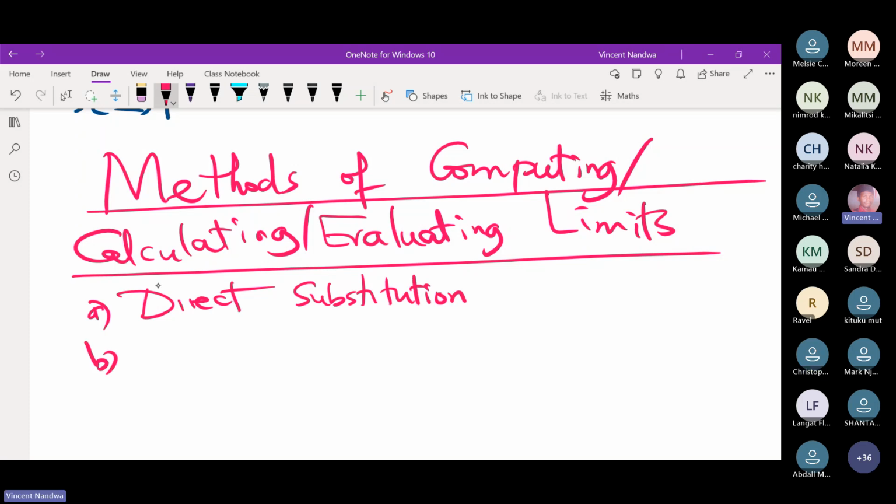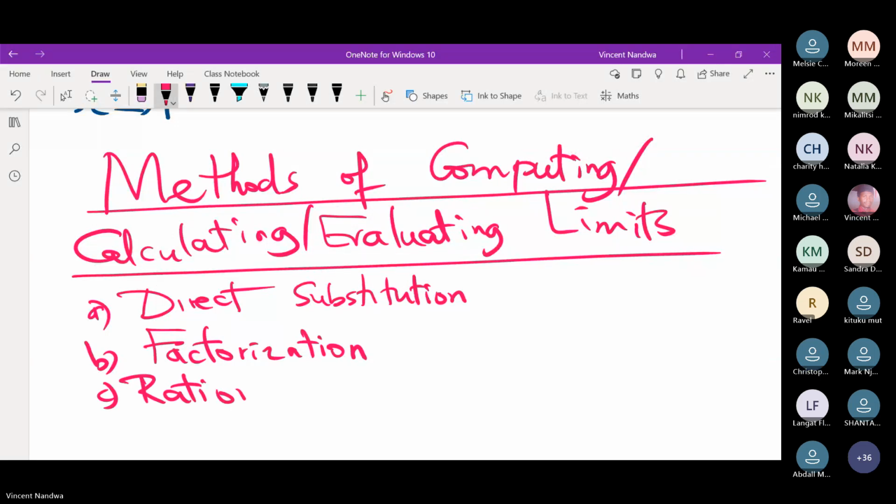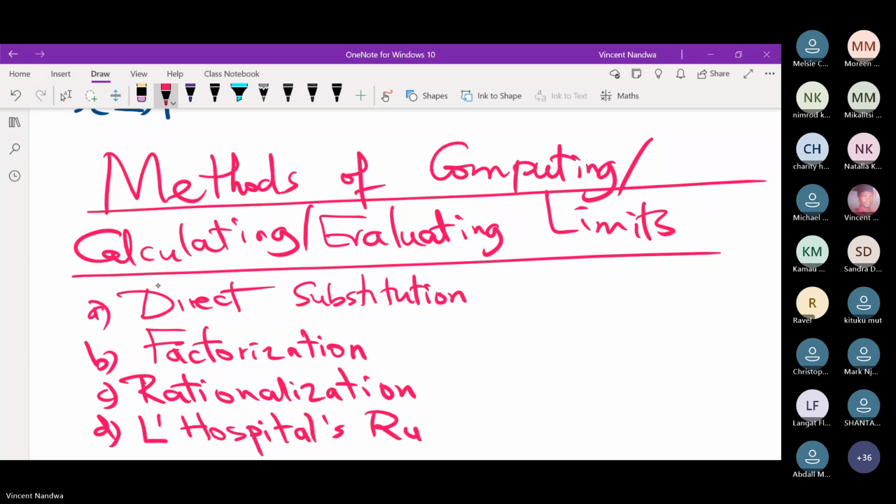B, we have what we call factorization. C, rationalization. D, L'Hospital's rule. So these are the methods we use to compute or calculate limits.